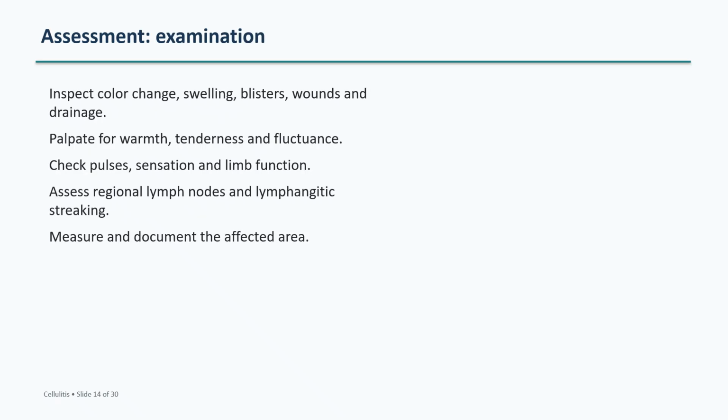So in the examination part, we will inspect any color change at the site the patient is complaining of, and we have to see whether there is any swelling, blisters, wounds, or drainage present. Then we have to palpate for warmth, tenderness and fluctuance, and we have to check the pulse of the patient, pulse sensation and limb function.